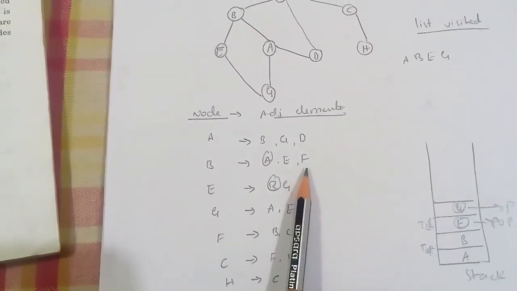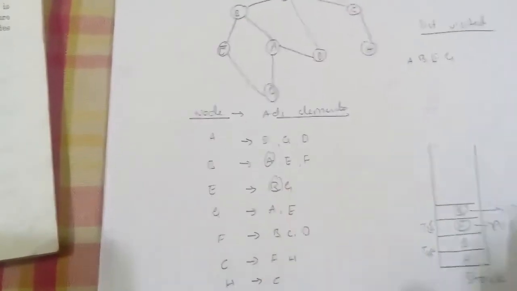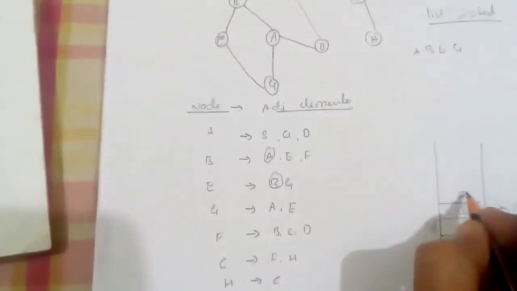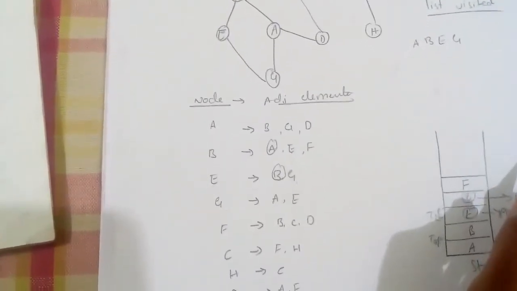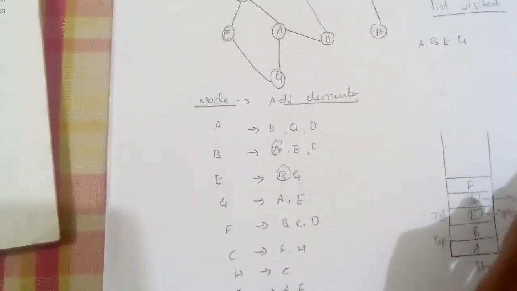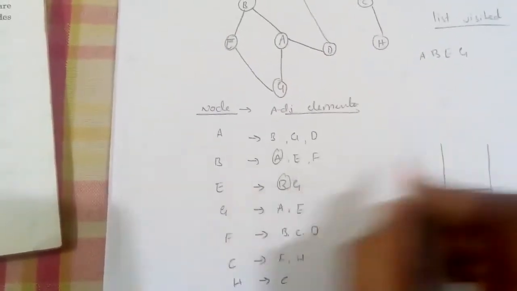The one which is not visited is F. So now F is pushed onto the stack and added to the visited list.